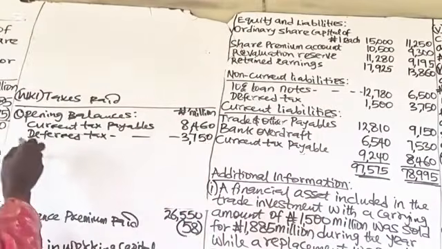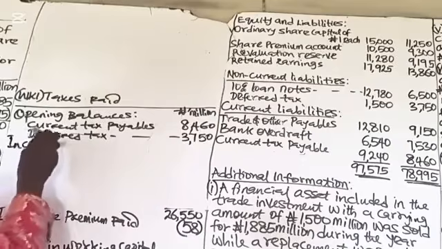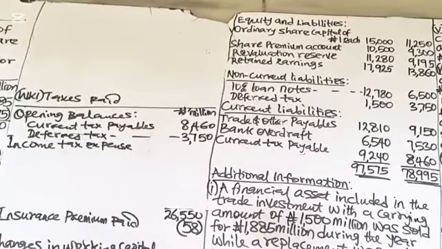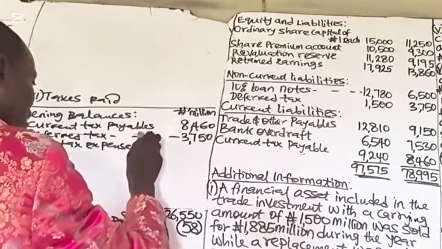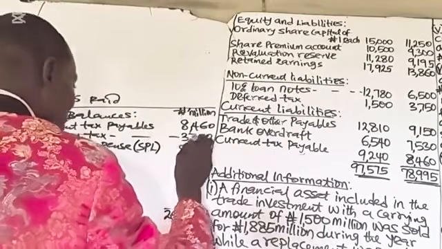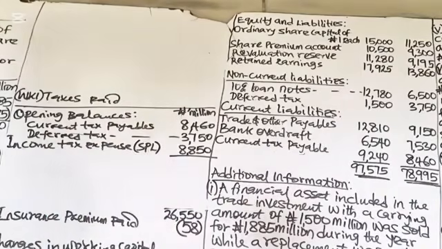Then we have income tax expense. From the statement of profit or loss, you have the tax expense of 8,850. If you sum them up, you have 8,460 plus 3,750 plus 8,850, and that is total 21,060.